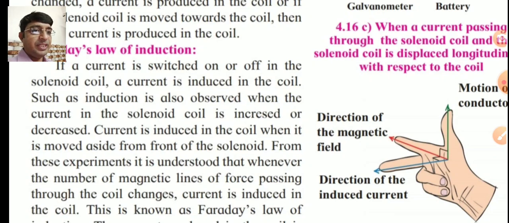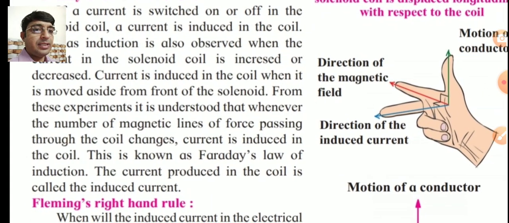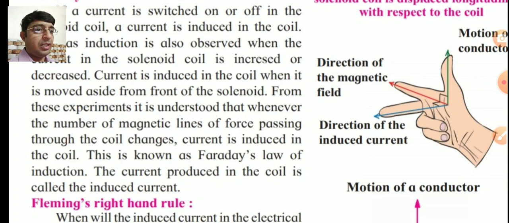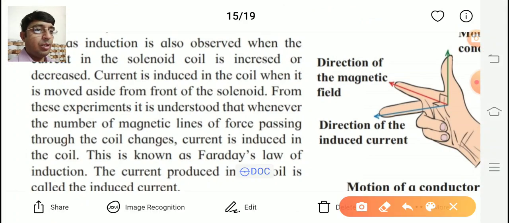Current is induced, meaning produced, in the coil when it is moved aside from in front of the solenoid. From this experiment it is understood that, so we mark the law. This law is asked for 2 marks. We start our answer here.